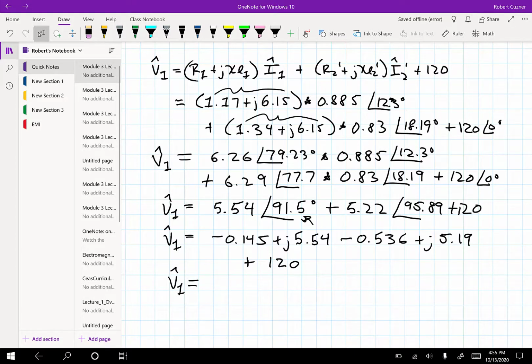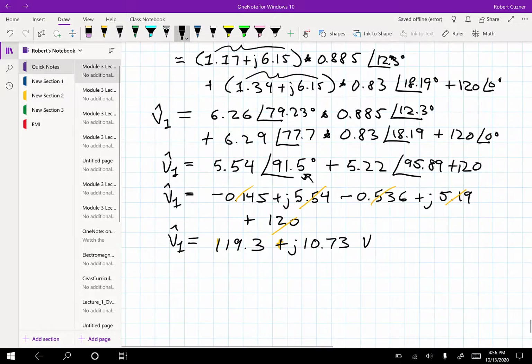And so I'm going to add up all of the real parts. So it's a little bit lower on the real component here, but not by very much. And then let's add up all of the reactive parts here. Okay, so that's the voltage, but let's get it into polar form. Okay, now this is weird.